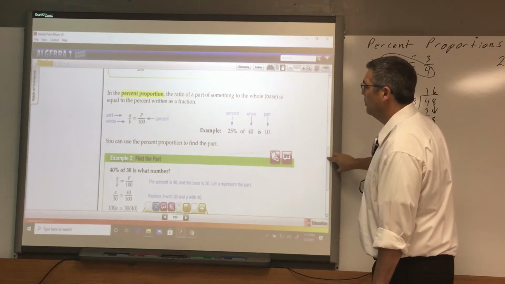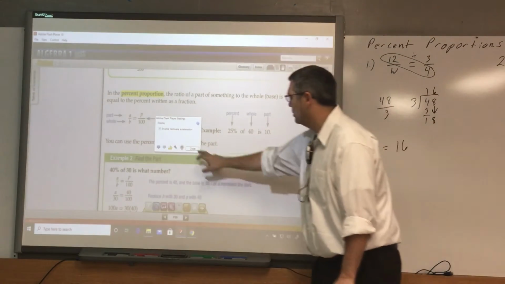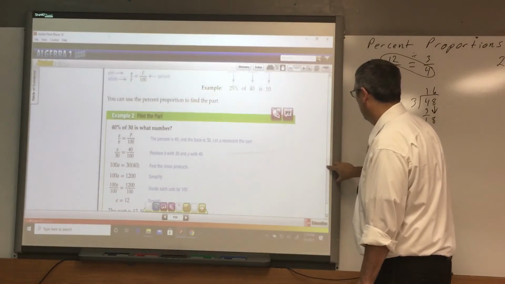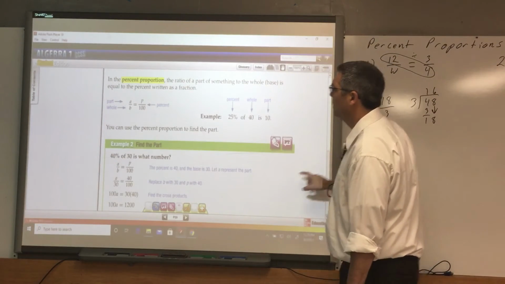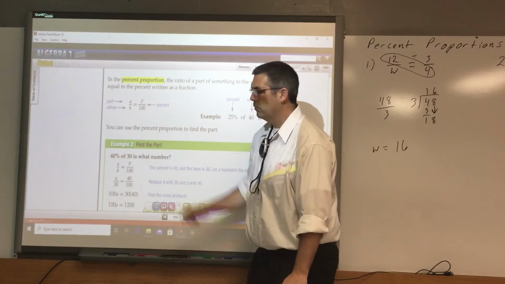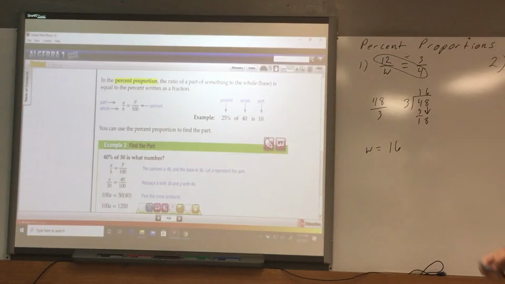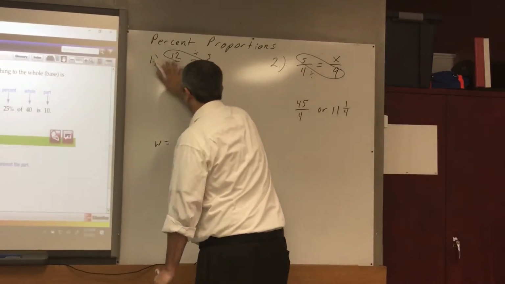What we've done here is you see this part over the whole equals the percent over 100. This is good, but let me show you how I write this so that I remember what I'm doing with this.